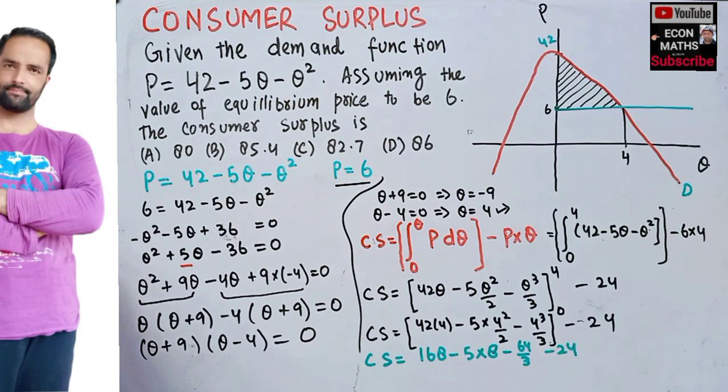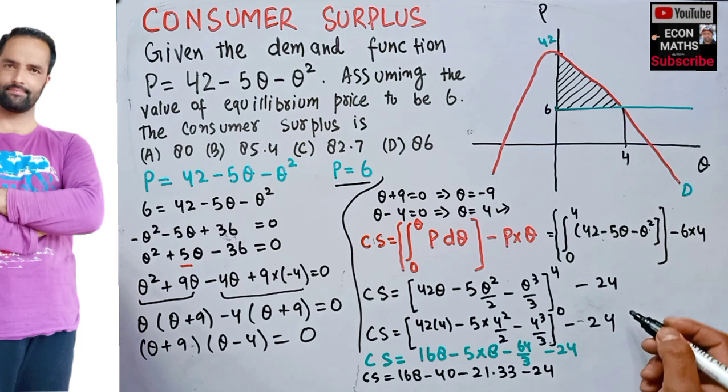So our consumer surplus will be equal to 168 minus 5 8s are 40, minus 64 divided by 3, minus 24.